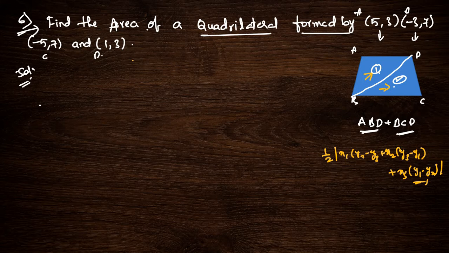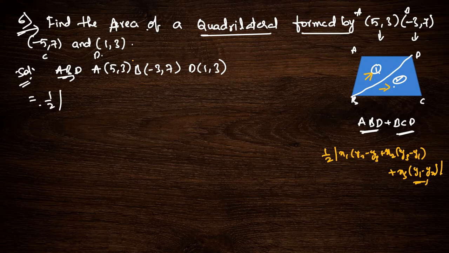Now first is ABD. We have to take A 5 comma 3, B minus 3 comma 7, and D 1 comma 3. These three points we take and find the area of the triangle. So 1 by 2 into x1 y1, x2 y2 and x3 y3 will come here.